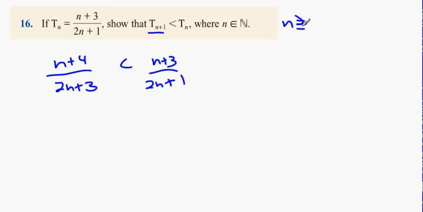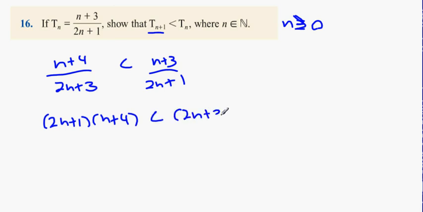So this number has to be a positive one, and this one has to be a positive one. So we just cross multiply, and we get 2n plus 1 multiplied by n plus 4 is less than 2n plus 3 multiplied by n plus 3.